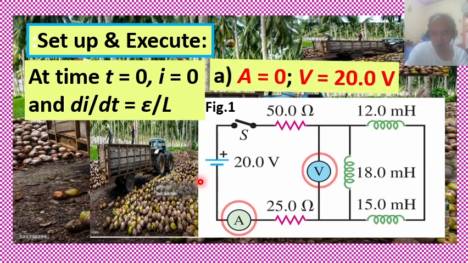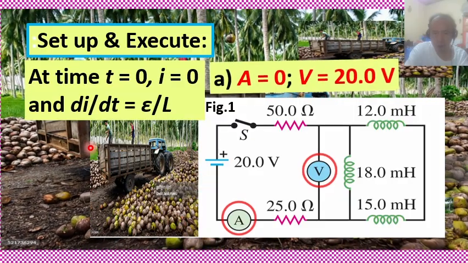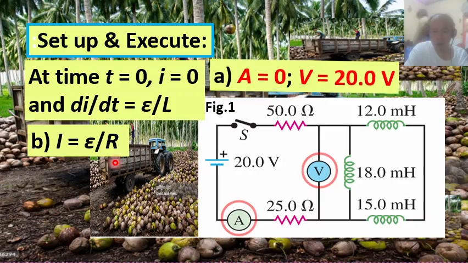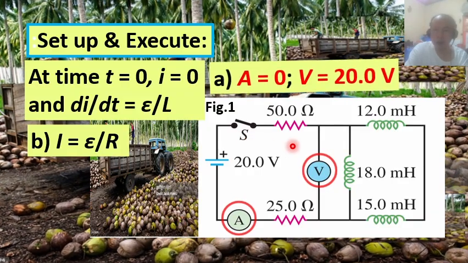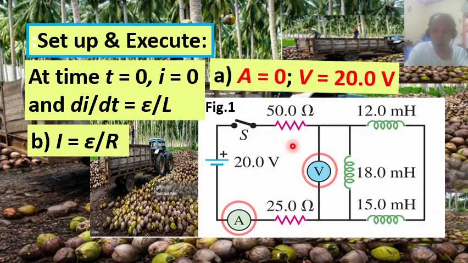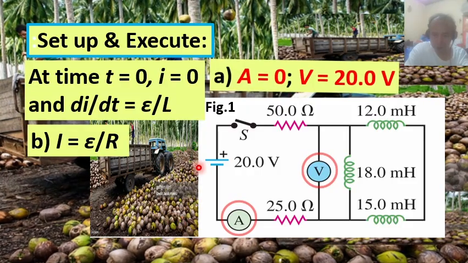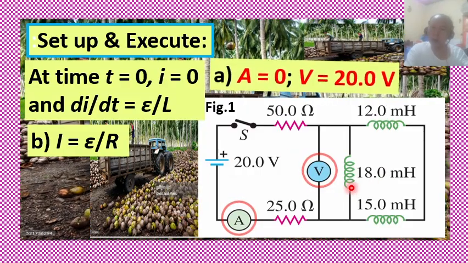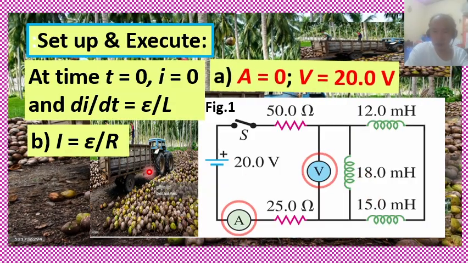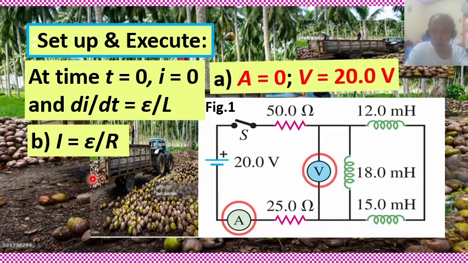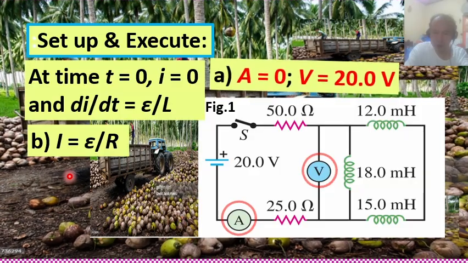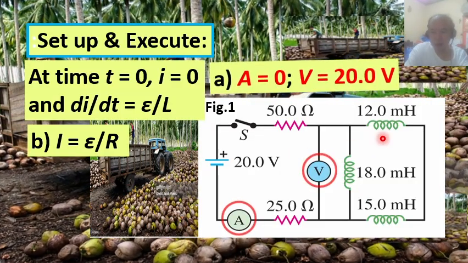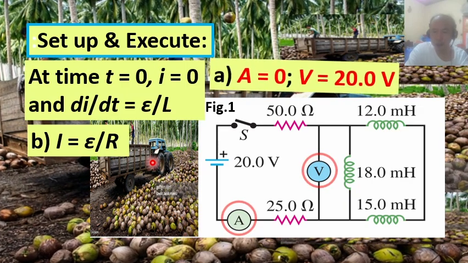Now, in part B, after the switch has been closed for a long time, based on our curve earlier, there is no more change in the current because the current now becomes a maximum at a steady value.